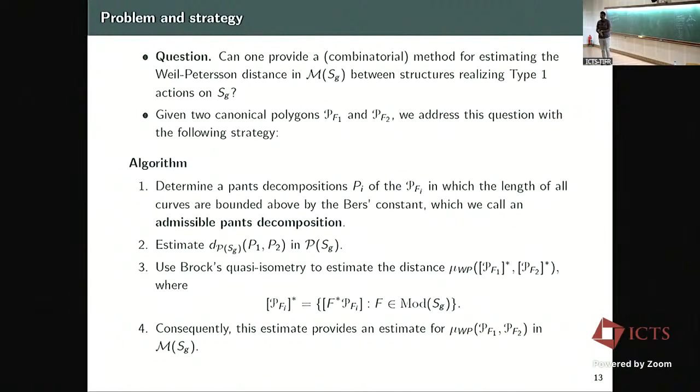Any questions? I'll use the quasi-isometry to get the bound. Yeah, I think they are known. I don't know exactly what they are, but I think he gives an idea of what they are, how he gets them, and it's all there.